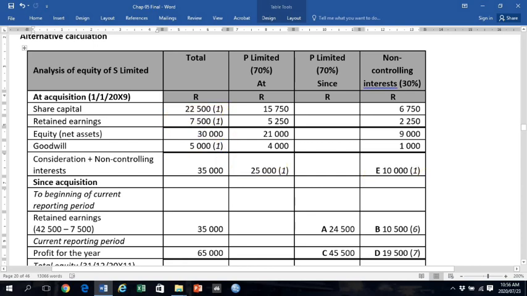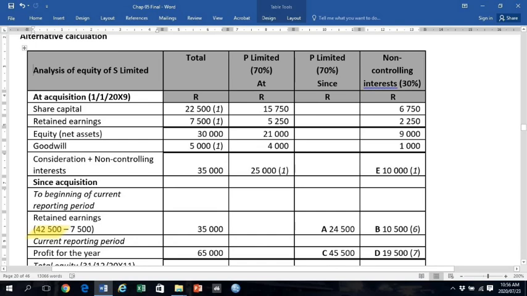When we now analyze the since to opening balance equity of the subsidiary, we follow the following thought process. You always start with the trial balance equity item. It's only retained earnings in this example. The TB balance, opening balance, is 42,500 Rand.